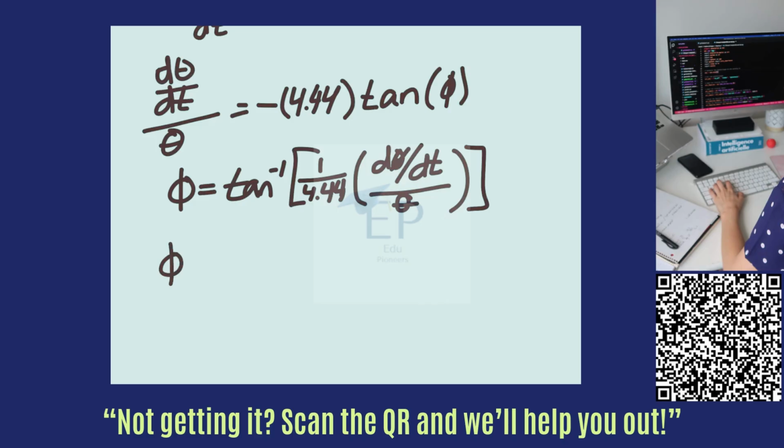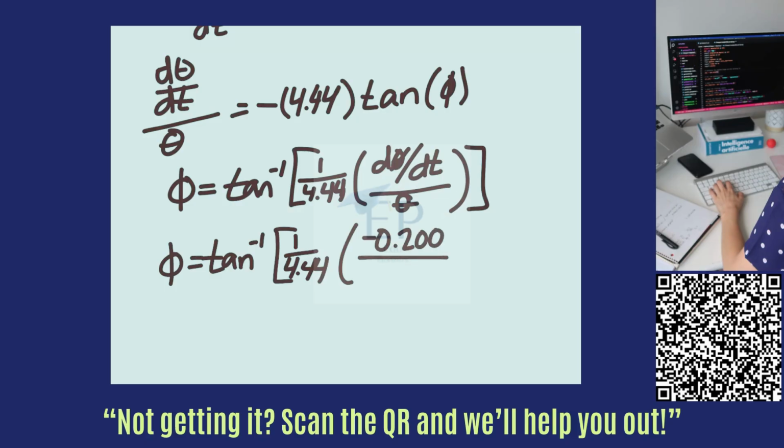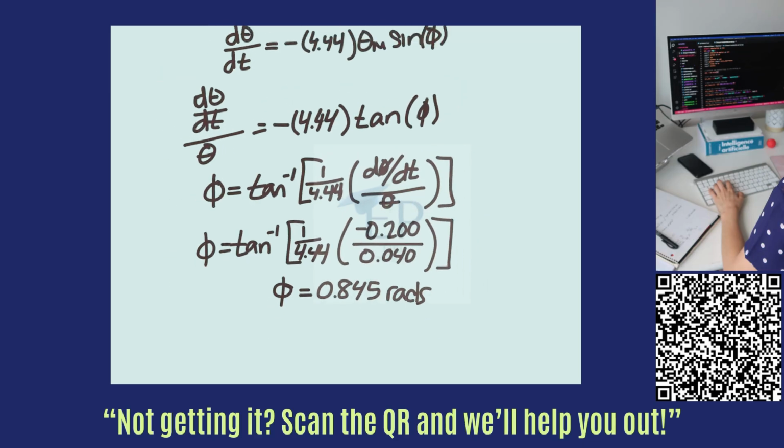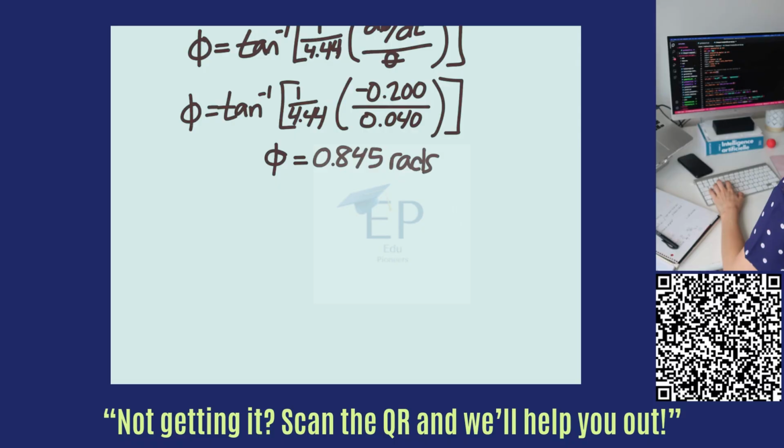So we have phi equals inverse tangent of 1 divided by 4.44 rads per second times our negative 0.200 rads per second divided by our 0.040 rads, and that will give us a phi of 0.845 rads.